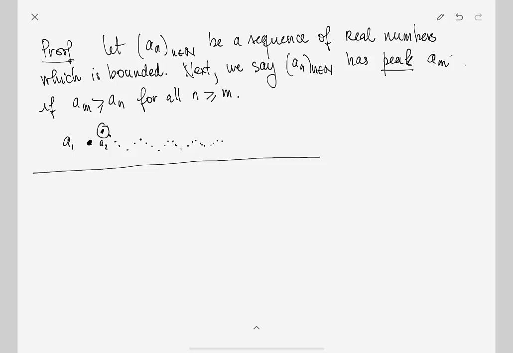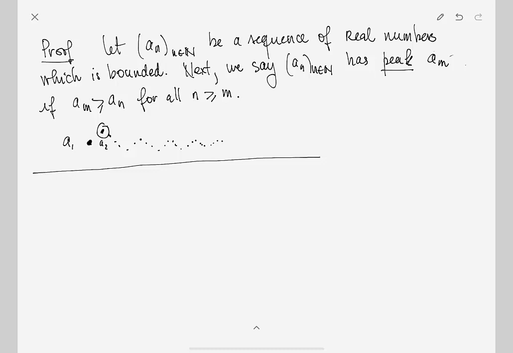For example, a_2 is a peak, because for any n bigger than 2, a_2 is greater or equal to a_n, right? So a_2 will be a peak. All right, so that's a little illustration so you can understand what a peak really is. So we'll say that a_n has a peak, say a_m, if a_m is greater or equal to a_n for all natural numbers n greater or equal to m.